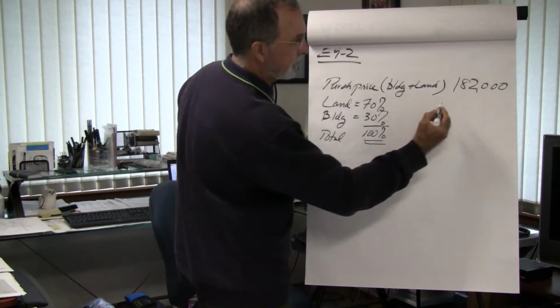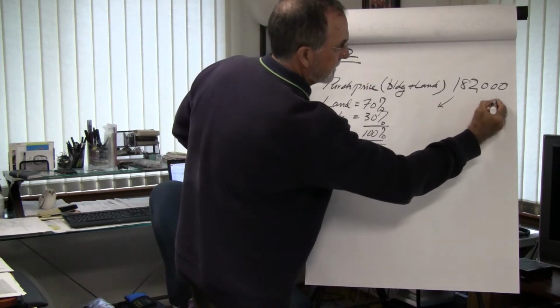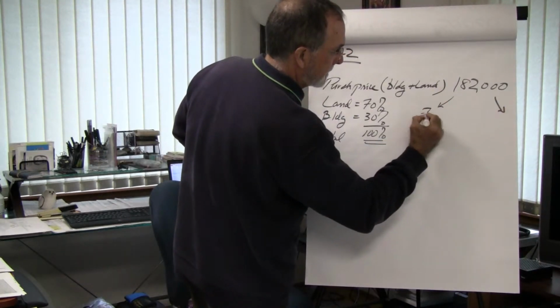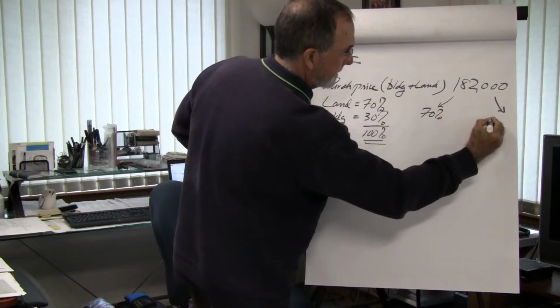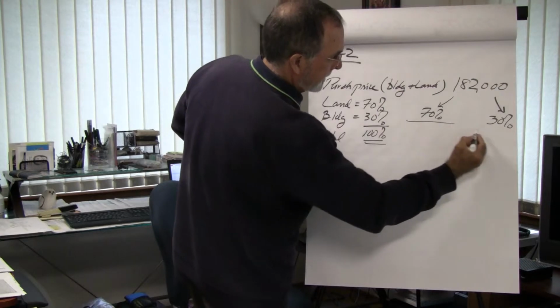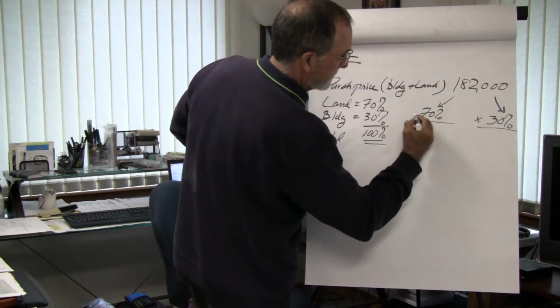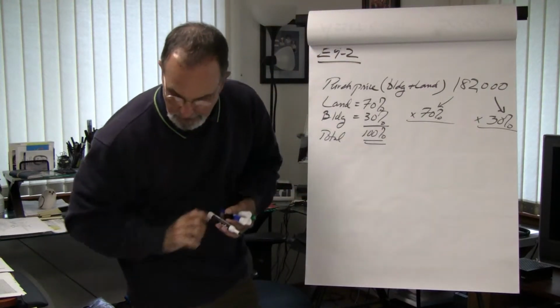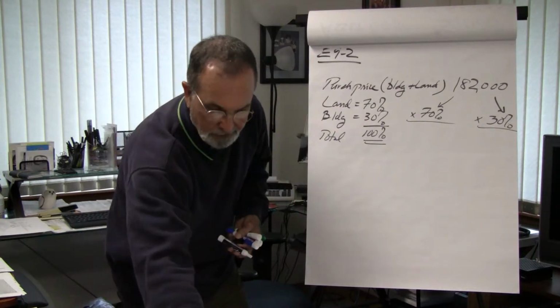So we would allocate this 182,000, 70% to land, 30% to building, and I will simply do the calculations on my calculator.